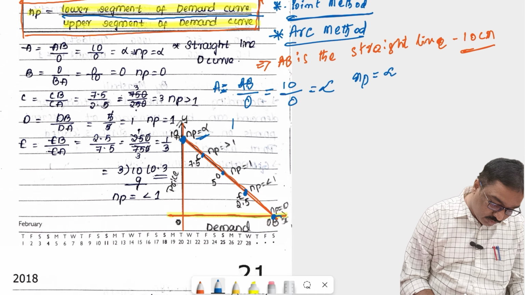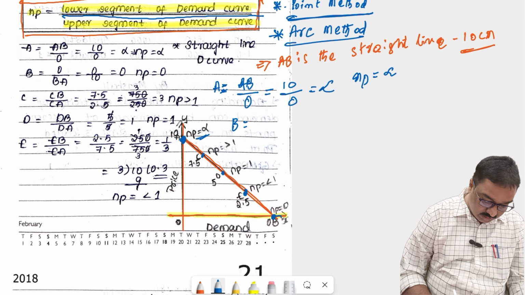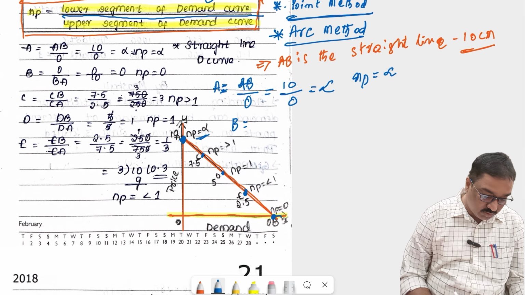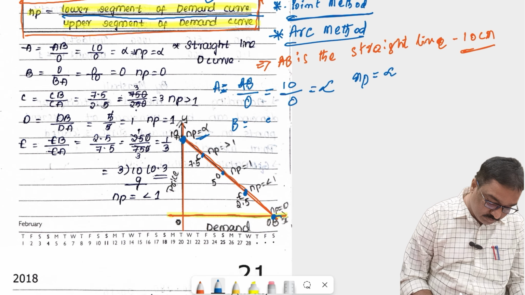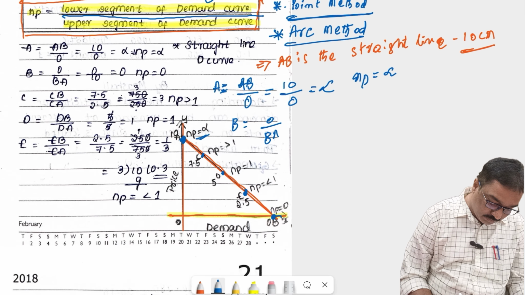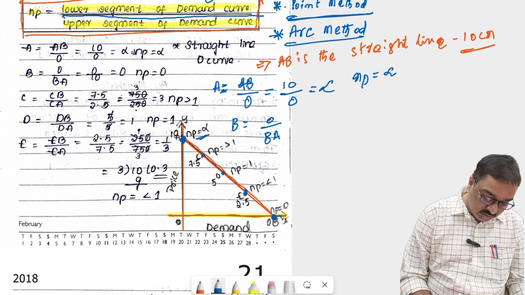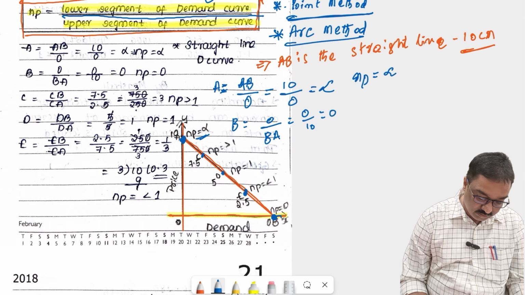Next, at the point B. This is the B point and this is the A point. First we apply the formula. The lower segment of the curve is 0, divided by the upper segment of the curve BA, which is 10. So 0 by 10 is always 0.